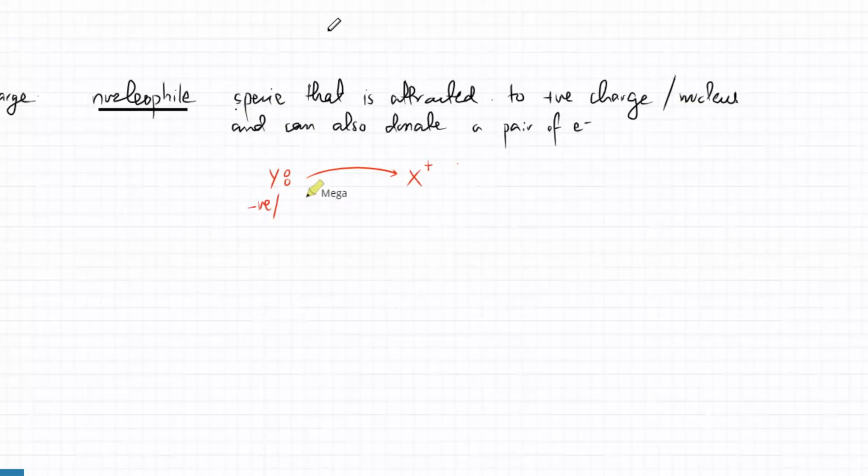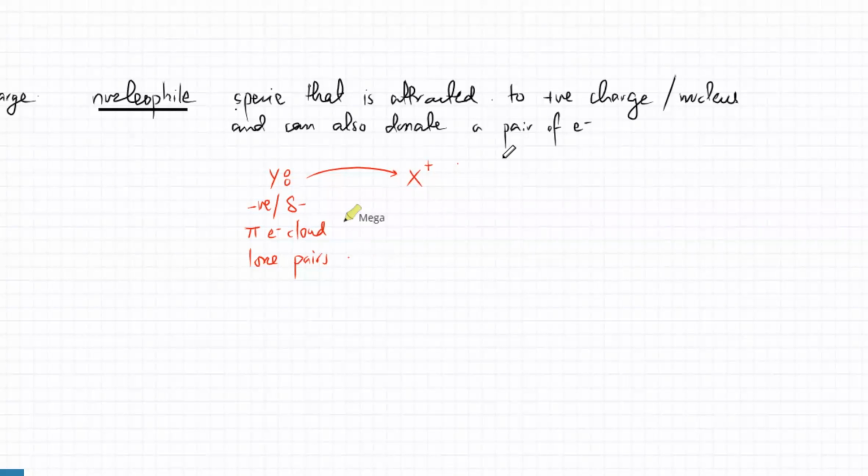It could be slightly negative. It could be a pi electron cloud. What else? It could be something that has lone pairs. Like anything that has spare electrons and it's attracted to positive charge. Is that clear? So any species, just keep it simple, any species that is attracted to positive charge. Is that clear?